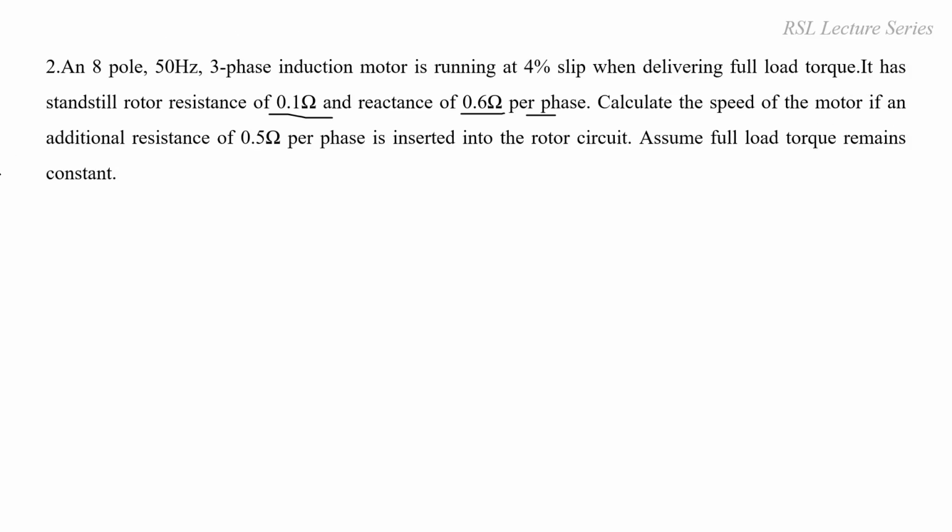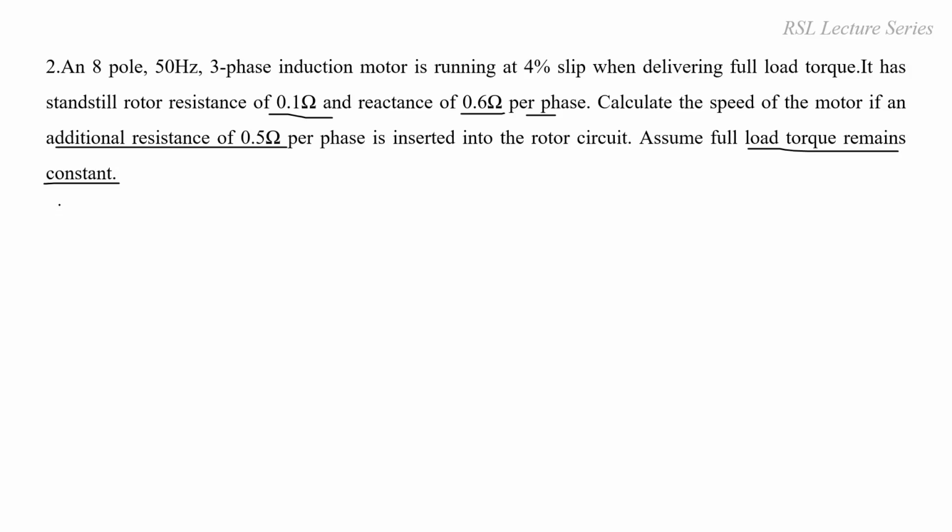Calculate the speed of the motor if an additional resistance of 0.5 ohm per phase is inserted into the rotor circuit. Assume the full load torque remains constant. This is a condition given. In both the cases, the torque will remain the same. So what we have to find out is the speed of the motor if we add additional resistance to the rotor circuit.